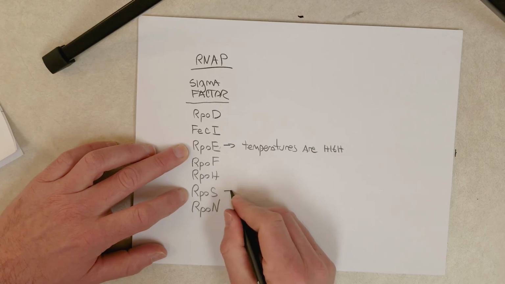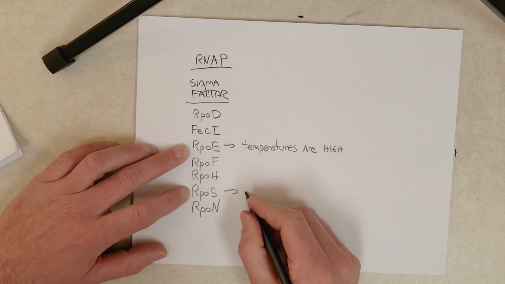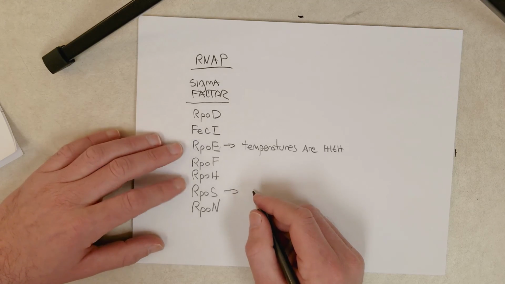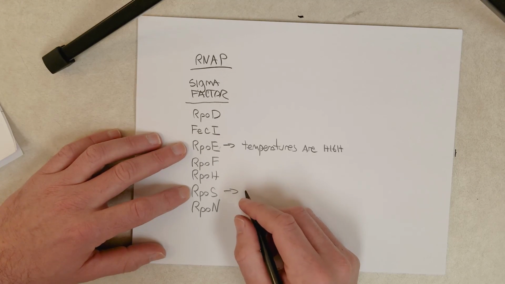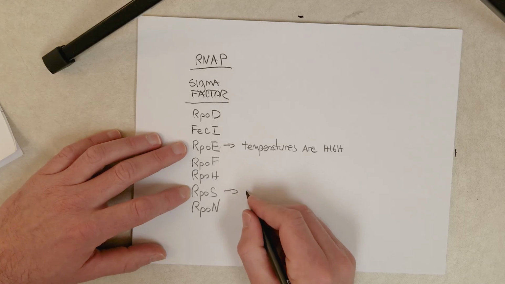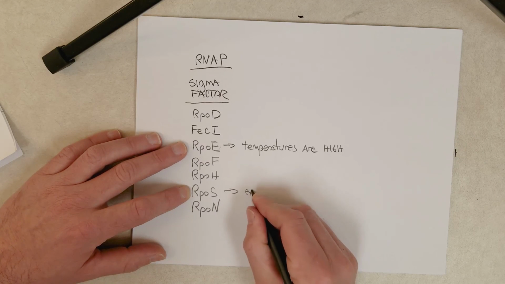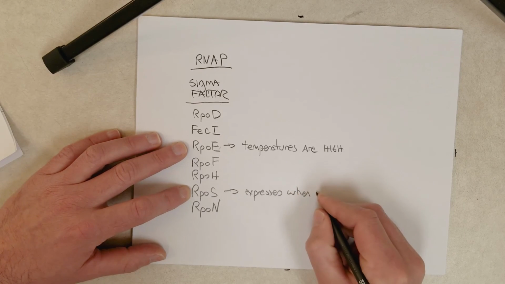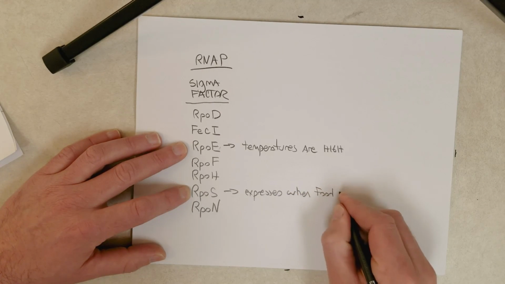Right here, if the population of E. coli in the culture starts to exhaust the sugars in the media, and food is scarce, this one is high. It's expressed when food is scarce.